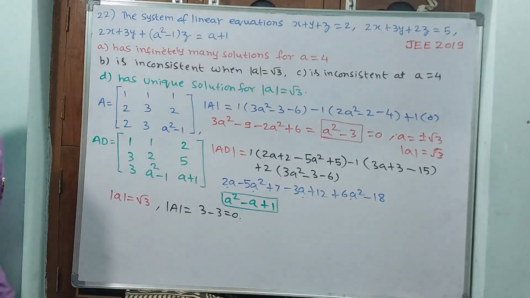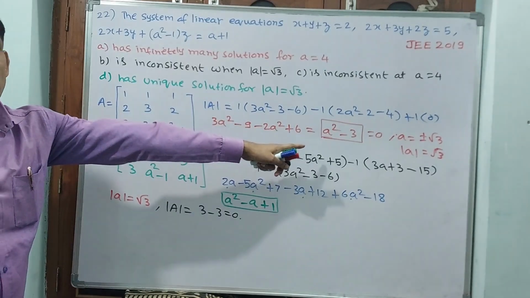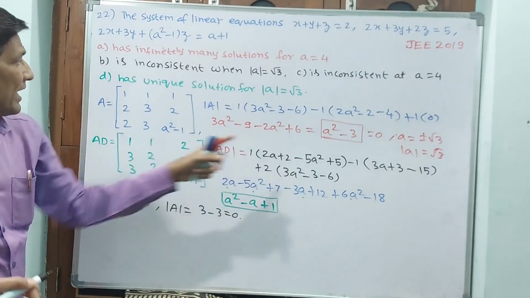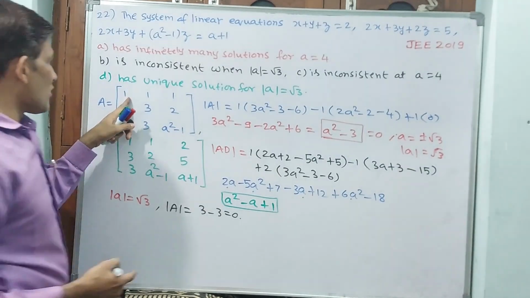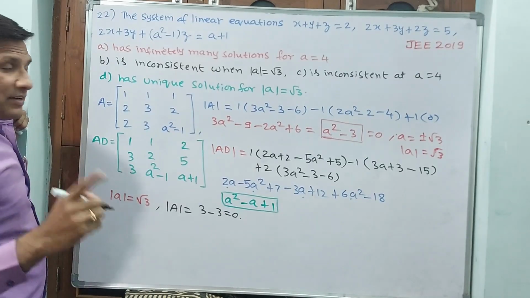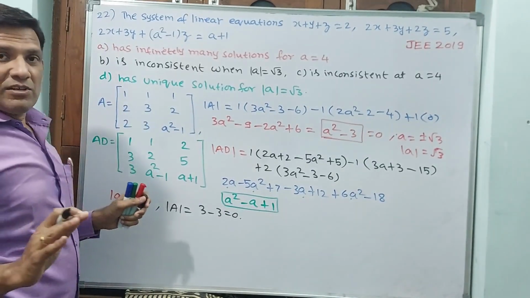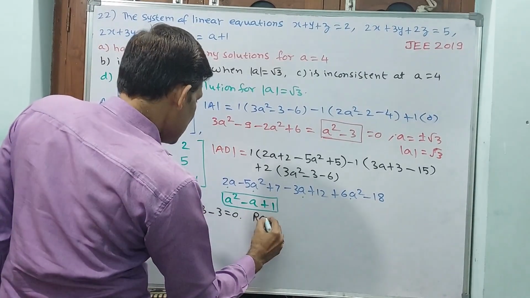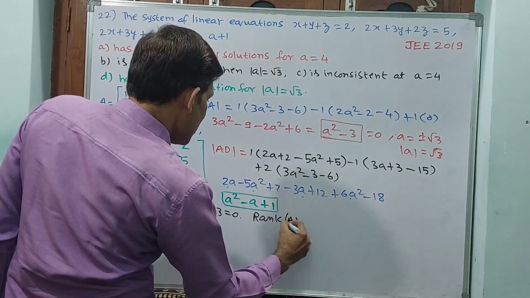Okay. 3 minus 3 is equal to 0 means again what you are going to do? If it comes 0, for checking whether rank 1, again you have to go inside. If you go inside, automatically see 3 minus 2, 1. That means if submatrix is not equal to 0, that is why rank will be 2. That means see, rank of A is equal to 2.